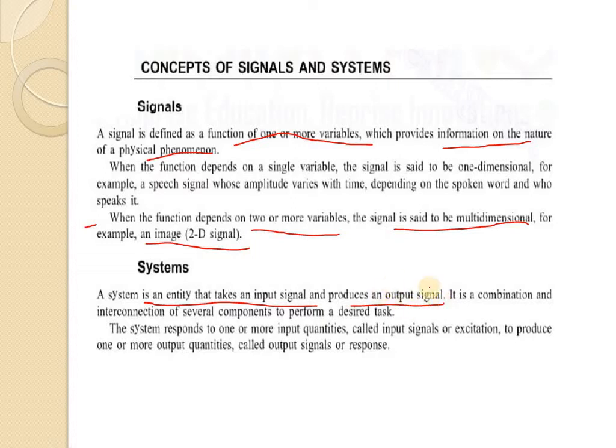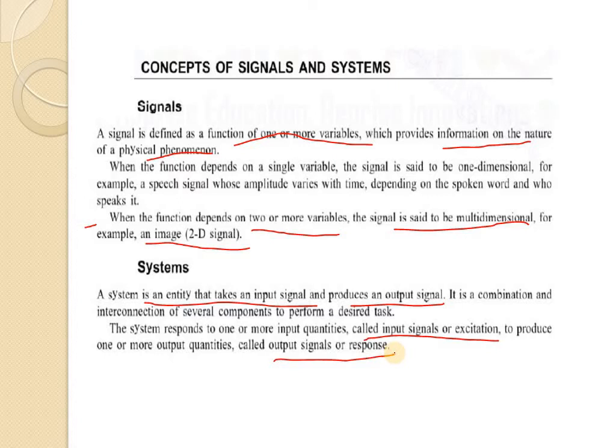The system responds to one or more input quantities called input signal, and it is also known as excitation, to produce one or more output quantities, that is known as output signal or response. That means a system needs an input signal, then by getting that input signal it will perform some task, and after that performance it will give some output signal and we will get the desired result.